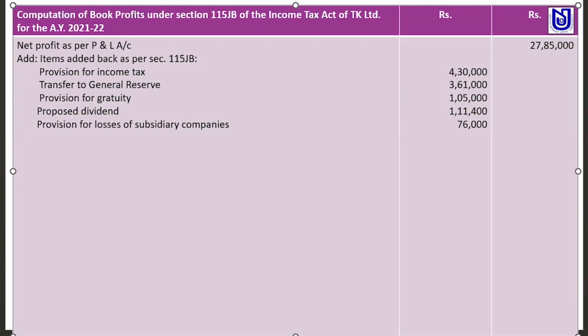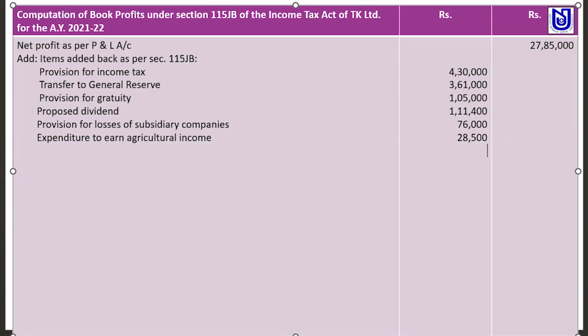Actually, section 10(1) deals with agricultural income. So expenditure on this type of income is to be added back. It is how much? Seen from the question, 28,500.